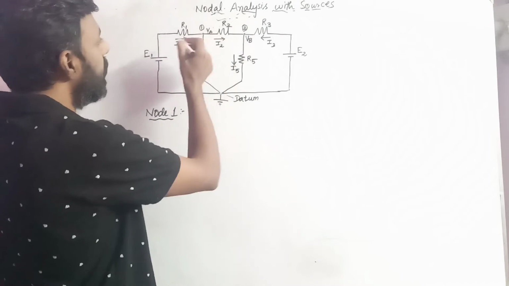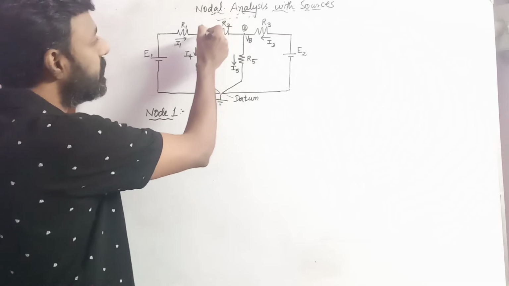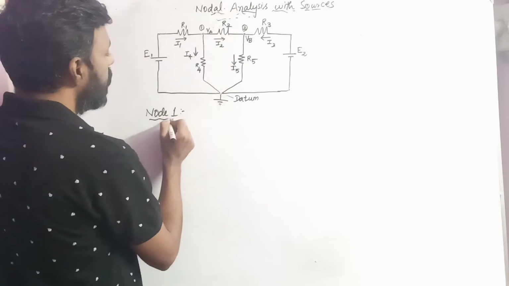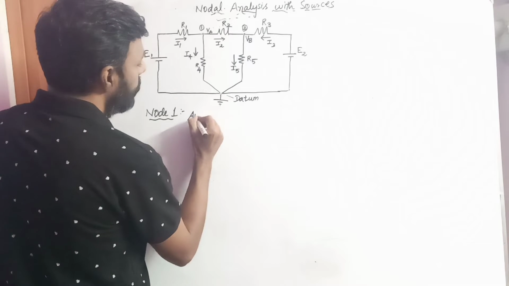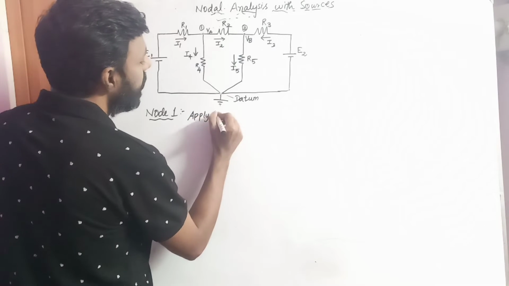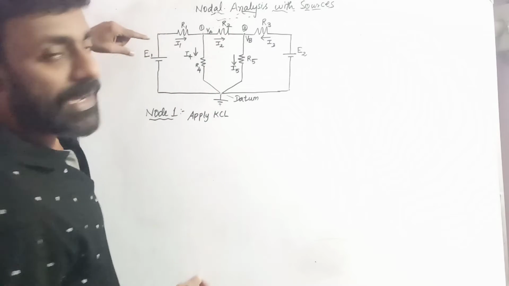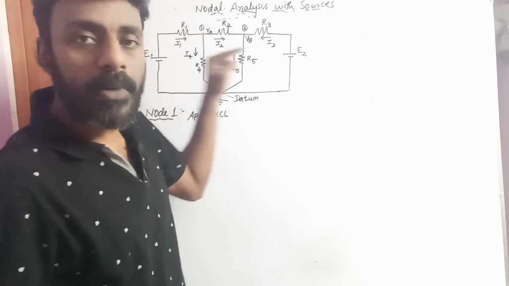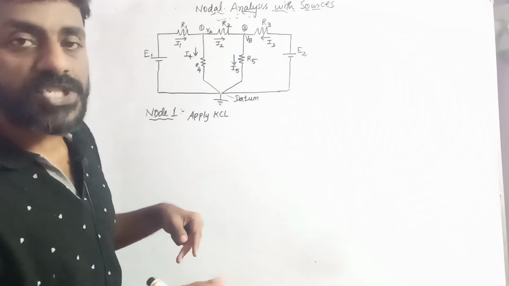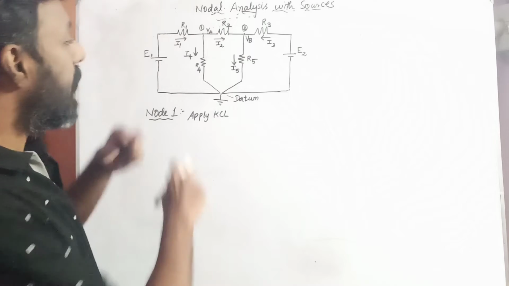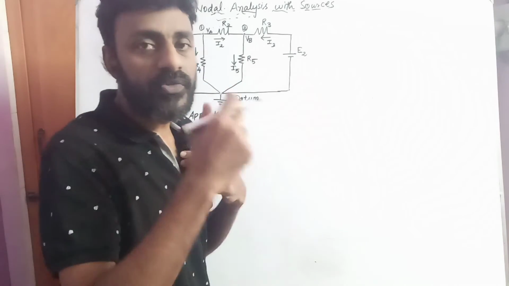So if I apply KCL at node 1, the current which is entering the junction will be considered positive, and the current which is moving out of the junction is considered negative as per the current law, and this equation will be equated to 0.